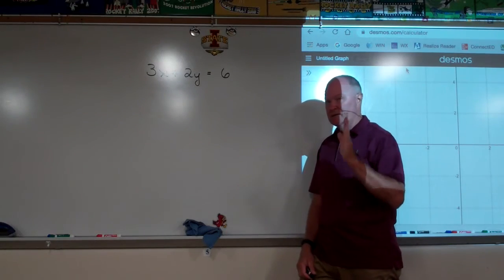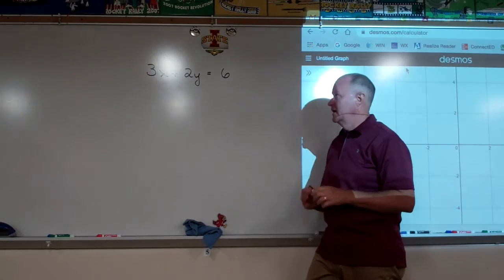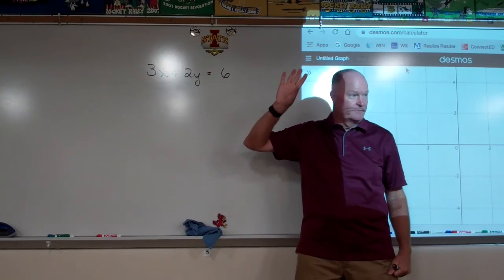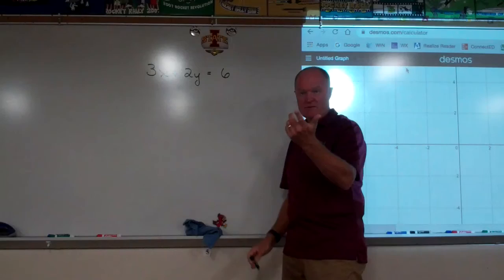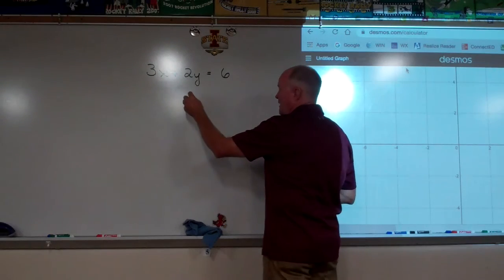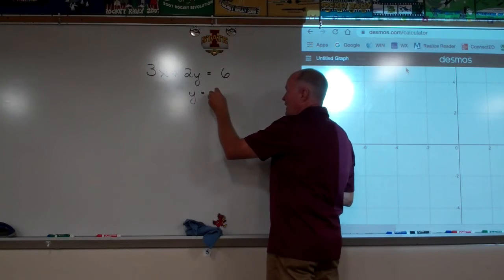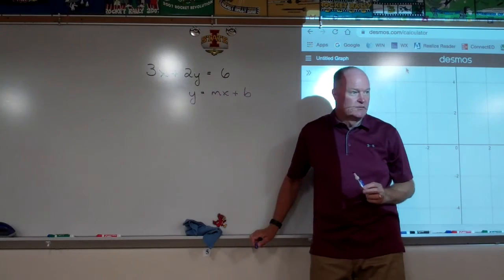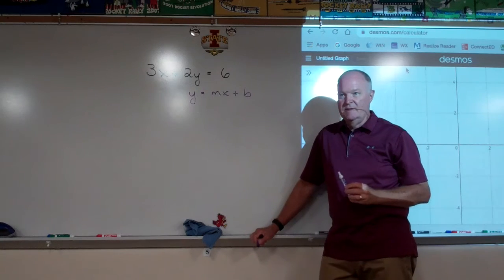Some of you in the past have got this into a y equals form, right? Y equals mx plus b usually. So I've tried to get it into y equals mx plus b. What's what in the y equals mx plus b?